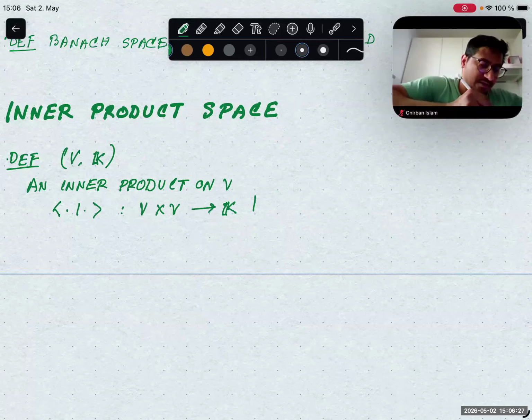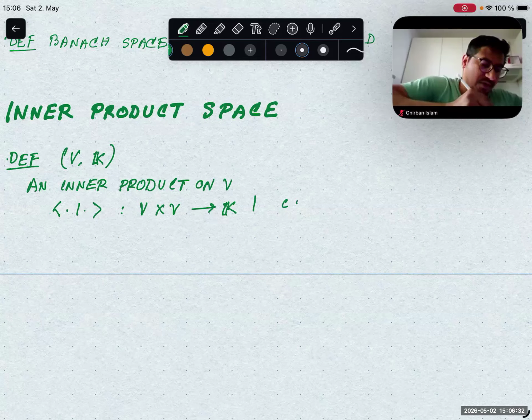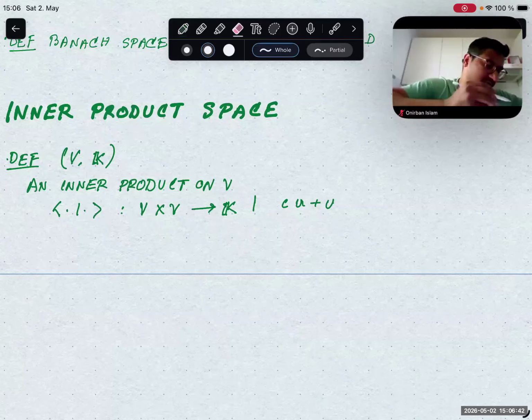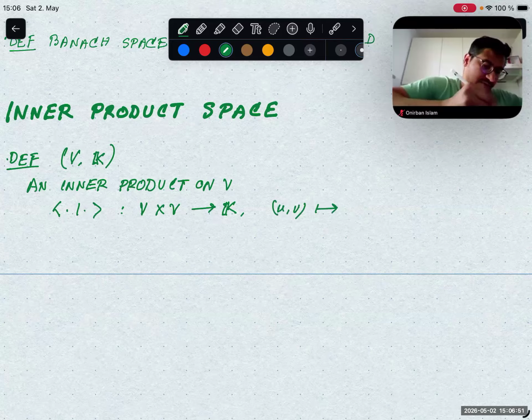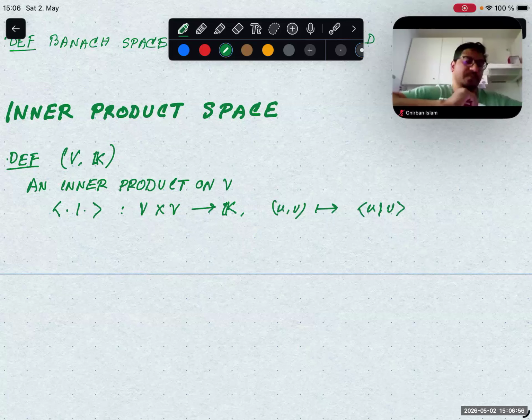Let me first write this more explicitly: (u, v) maps to <u, v>. Now what are the properties we need to satisfy?